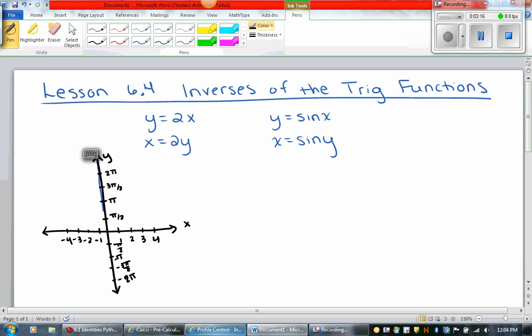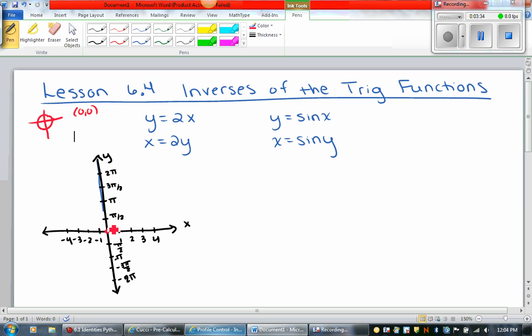Okay. So when I go to graph this, normally we think about sine in terms of the unit circle, right? Sine at 0 would be 0. Well, even if I take that point 0, 0, and I take the inverse, I'm still going to be at 0, 0.